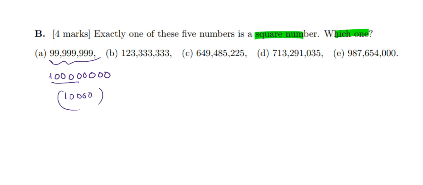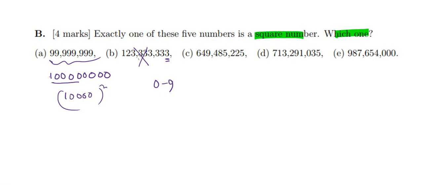Here the last digit is 3. The last digit of a square depends only on the last digit of the number being squared. Just check 0 to 9: is 3 the last digit of any square number? No. So this number cannot be a square.